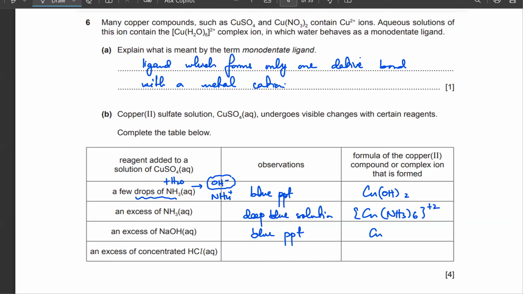Because obviously copper hydroxide is formed. And when you add concentrated HCl, you're going to get a greenish yellow solution. And why a greenish yellow solution? Because CuCl4 2- gets formed. Okay, is this clear?